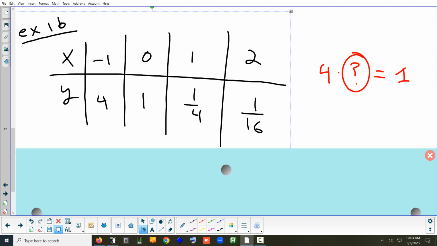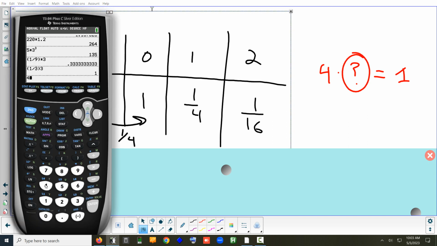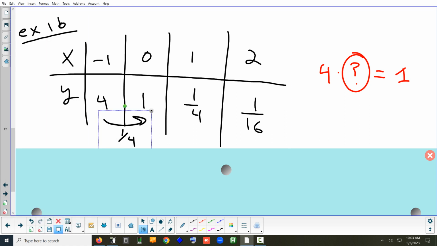Okay? That's not. All right? So then the only other thing it can be is multiplying. What do you multiply 4 by to make it a 1? Yeah? 1/4. Yes. And we can check that by taking the number 4 and multiplying it by 1/4. And we get 1. Now let's check it here.